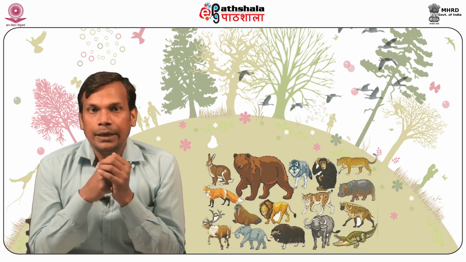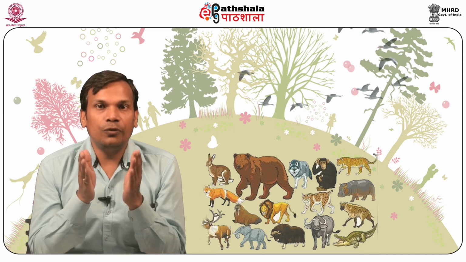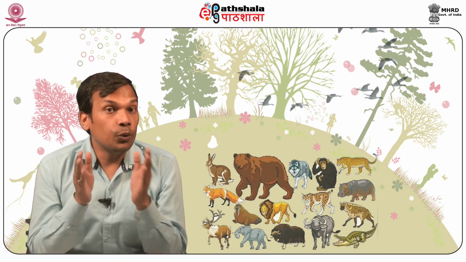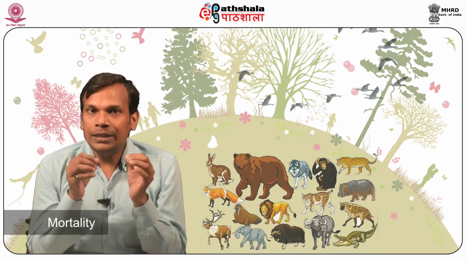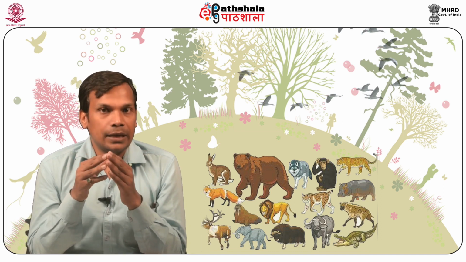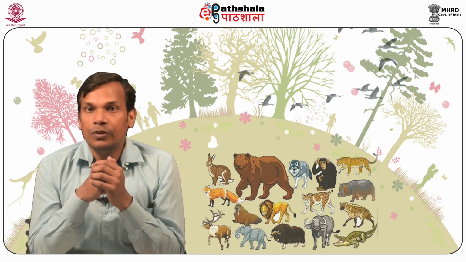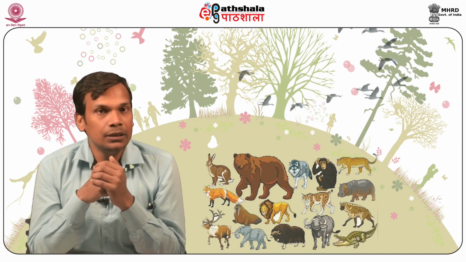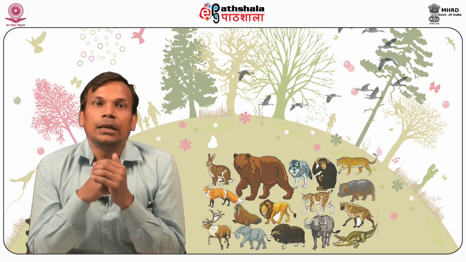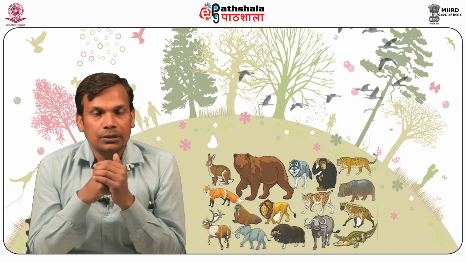Mortality can be explained as the rate of death of individuals in a population. Mortality can be recognized as two types. First is ecological mortality and another is minimum mortality.